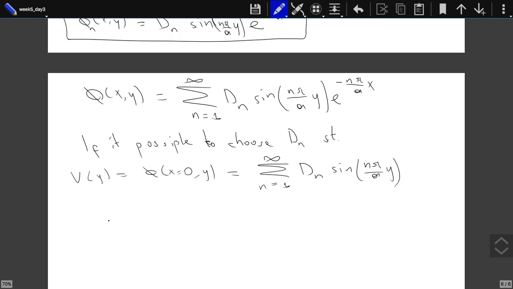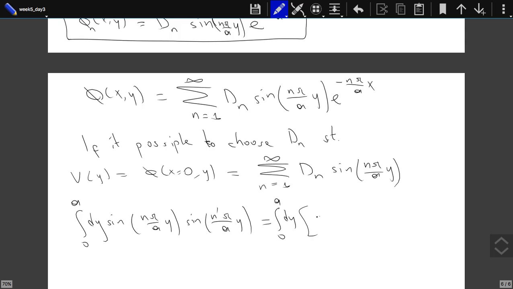Well, let me look at this one. Sine n pi over a y, sine n prime pi over a y, integrate from 0 to a dy. How would you integrate the product of two sines? We will use some trigonometric identities.